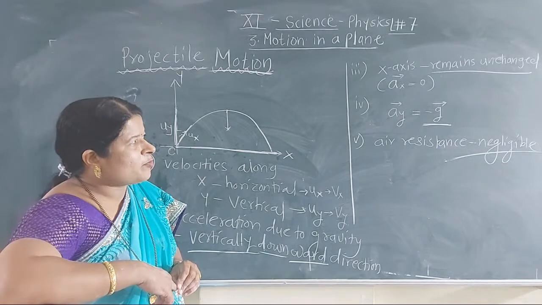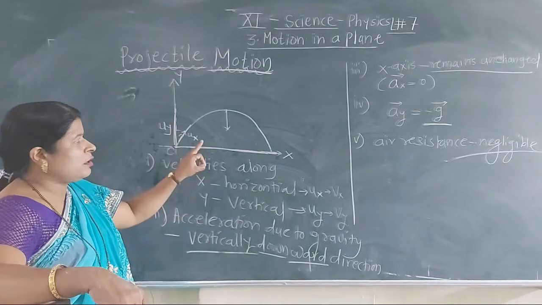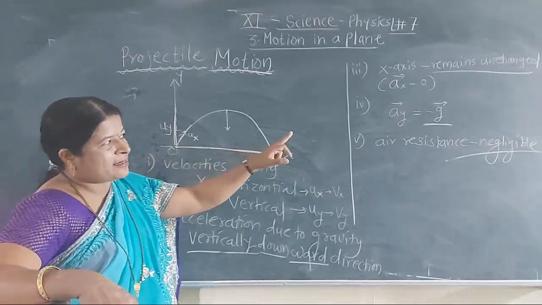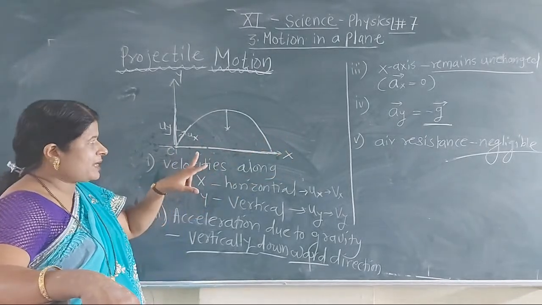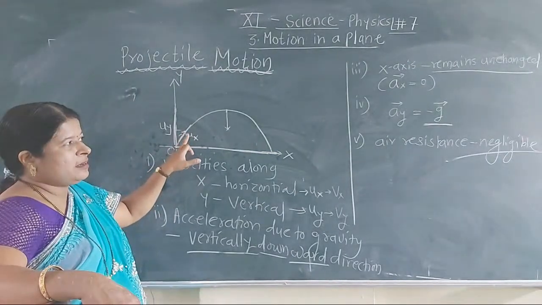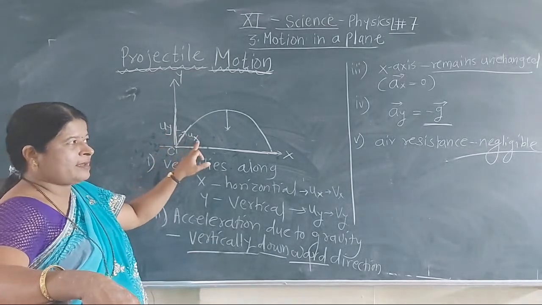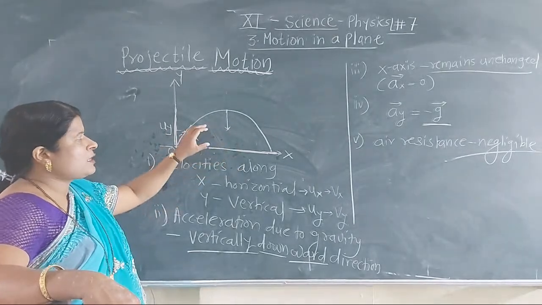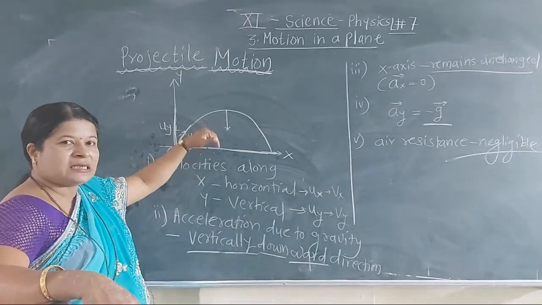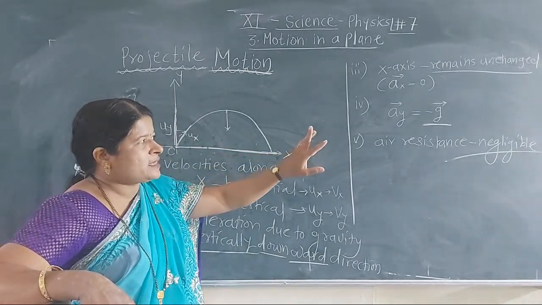Next, the fourth important point: we get the acceleration of the projectile along the y-axis as vector ay. I repeat again, acceleration along the y-axis we take as minus g because the gravitational acceleration on that projectile is in the downward direction, therefore we take it as minus g.